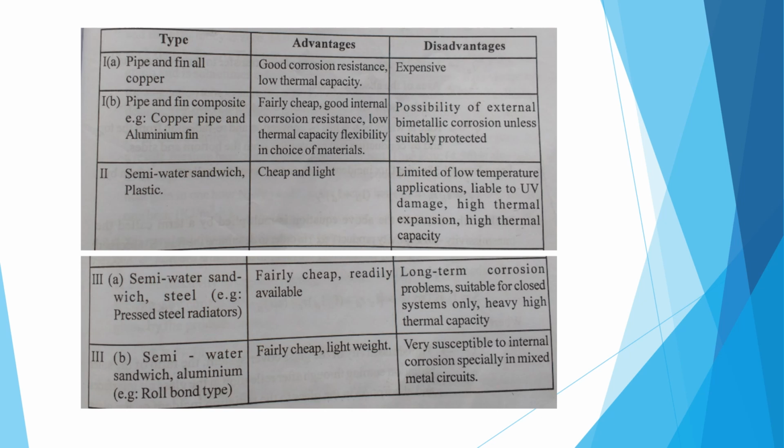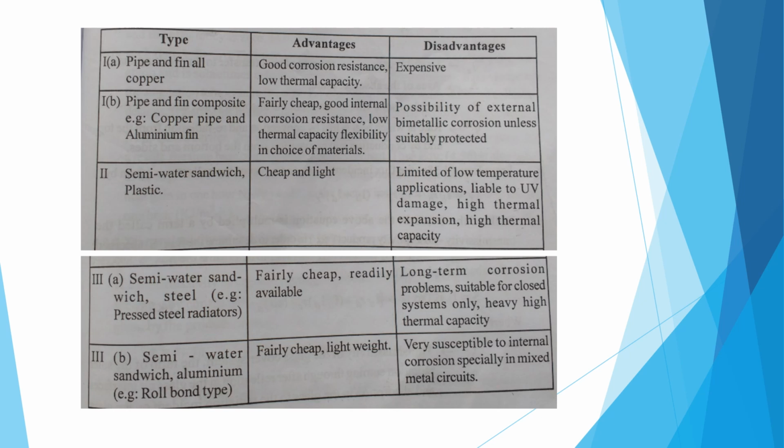Type 1 has the advantage of good corrosion resistance, it has a low thermal capacity, and it is fairly cheap and has good internal corrosion resistance. But its disadvantage is it is expensive and there is possibility of external bimetallic corrosion unless suitably protected.